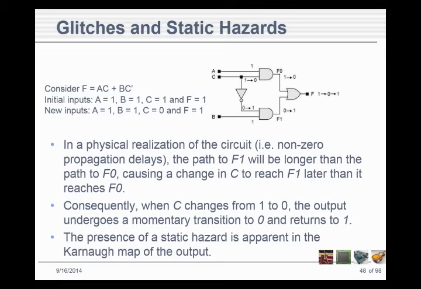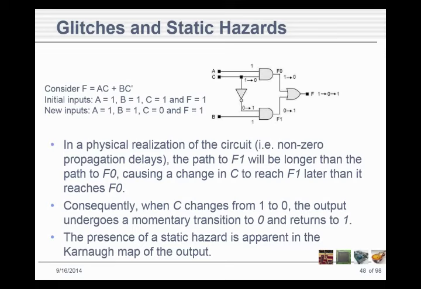Let's say that F is equal to A and C, or B and C not. I should have written it at that time. I didn't write this all out in the standard VHDL. So there's our circuit.